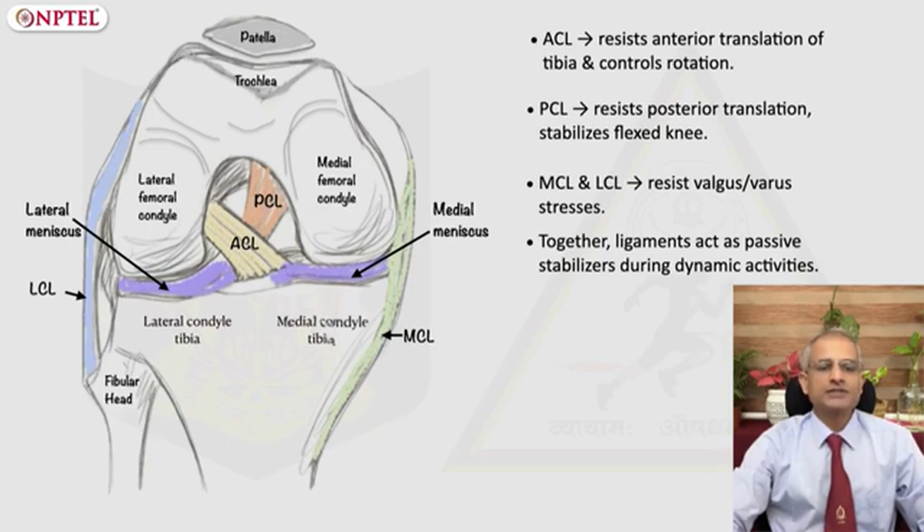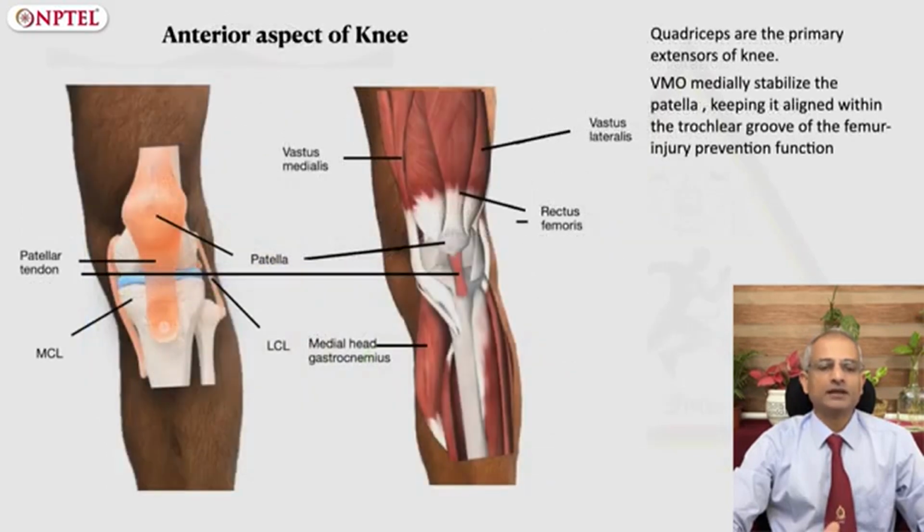In addition to these ligaments, the knee stability and function rely heavily on surrounding muscles. So now, let's see the arrangement of various muscles around the knee. Anteriorly, there are the extensors of the knee, which are formed by the quadriceps group of muscles.